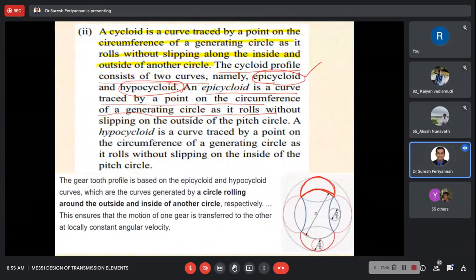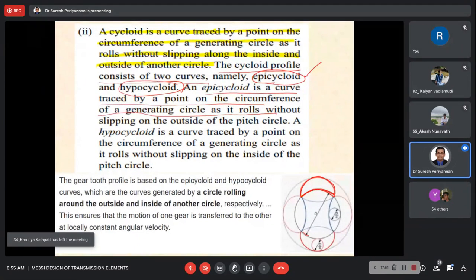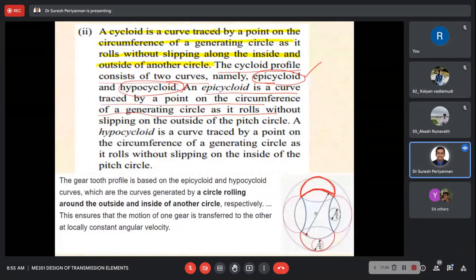This is the epicycloid. Now, a hypocycloid is a curve traced by a point on the circumference of the generating circle as it rolls without slipping inside the base circle or pitch circle. Inside of the pitch circle or base circle.